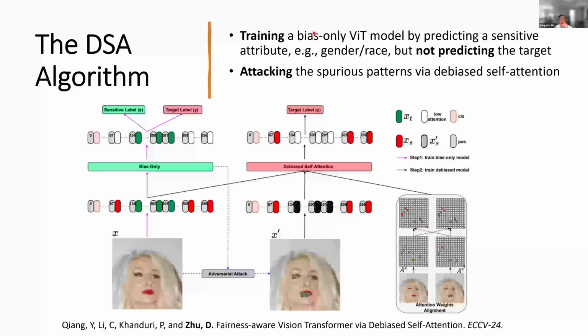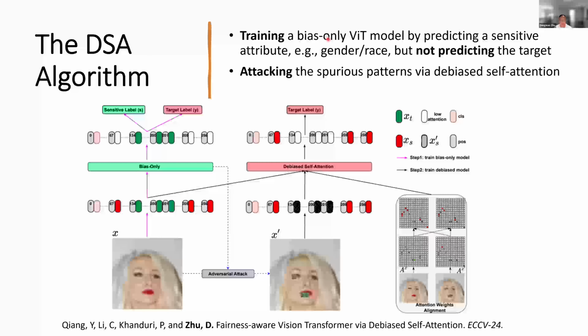We design the bias-only vision transformer approach. We try to learn the spurious features associated with the sensitive attribute, for example gender or race. But this feature is associated with the sensitive attribute, not with the true outcome. So we call this the bias-only model.